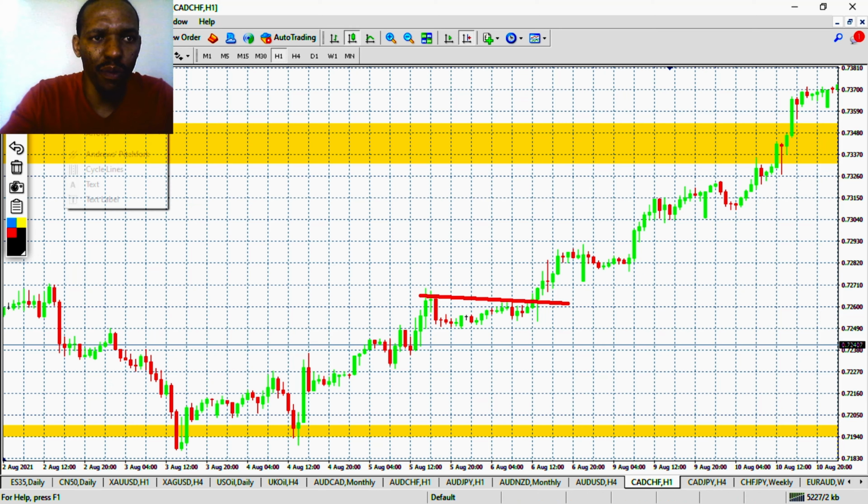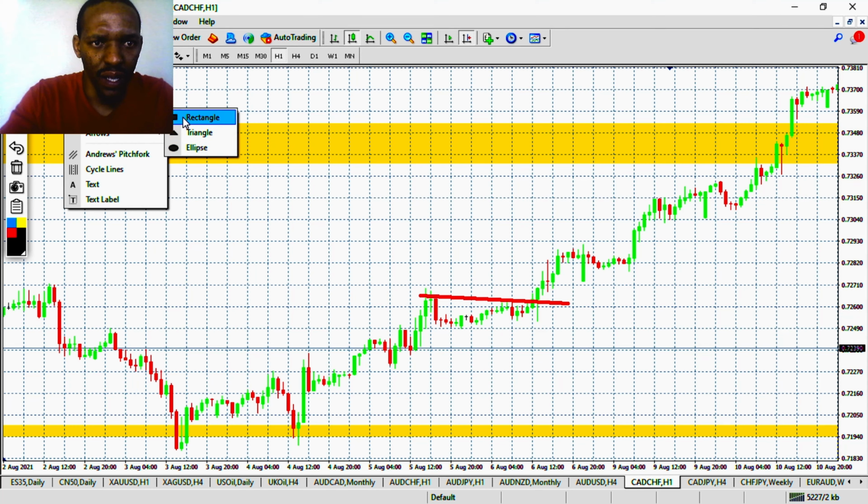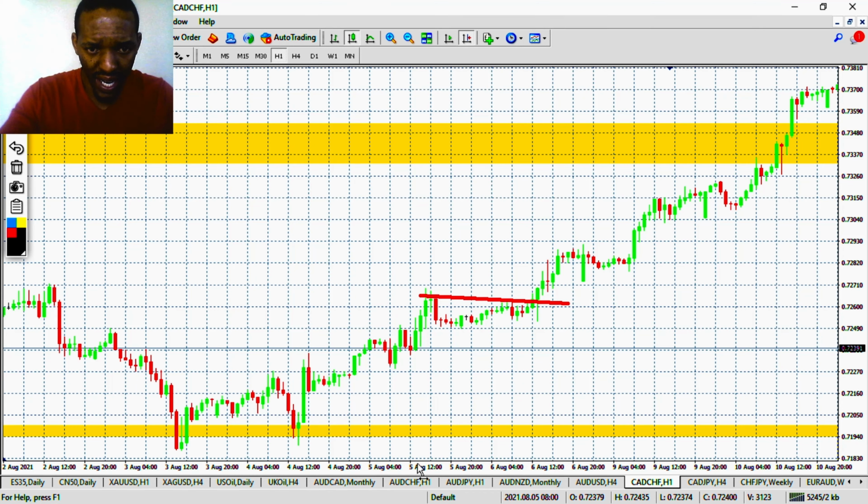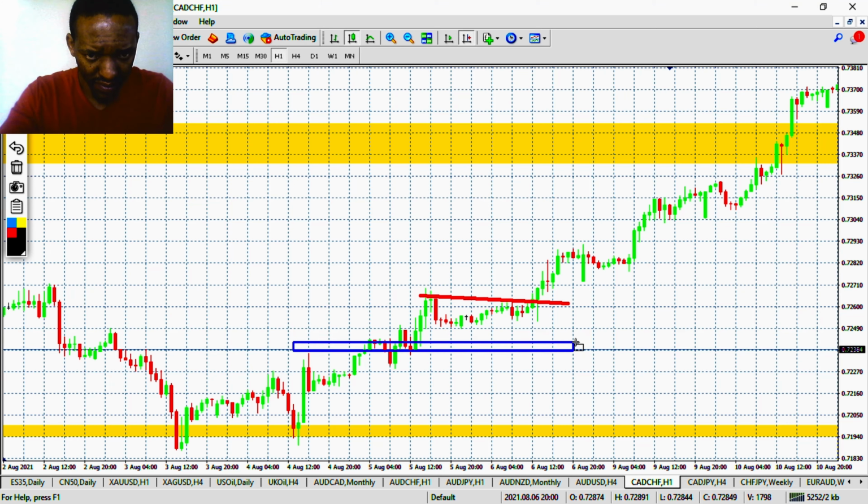The reason why it's a shallow pullback is because the price never reached the previous high nor the previous low.